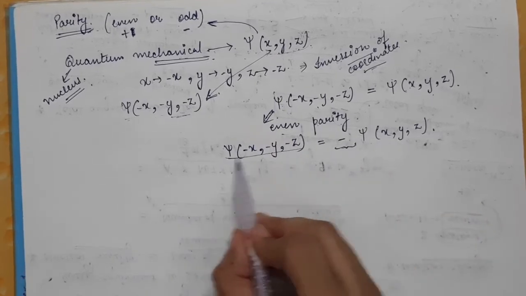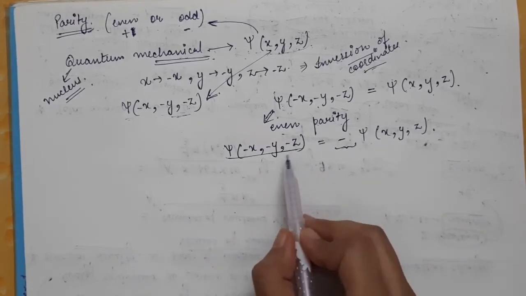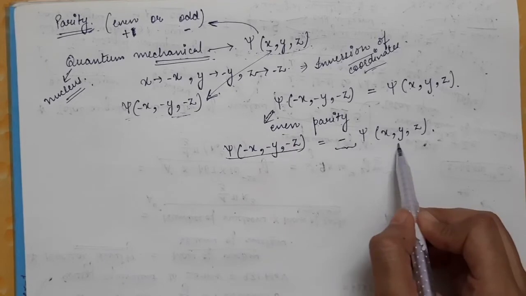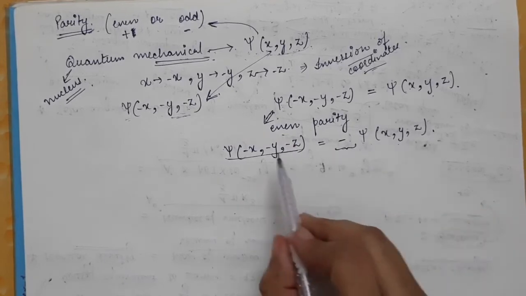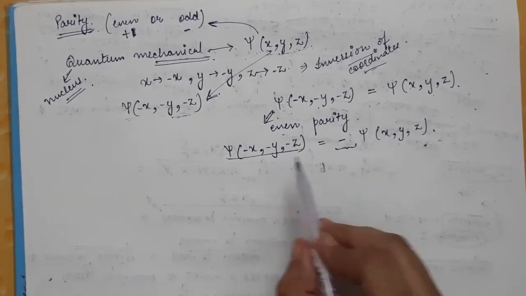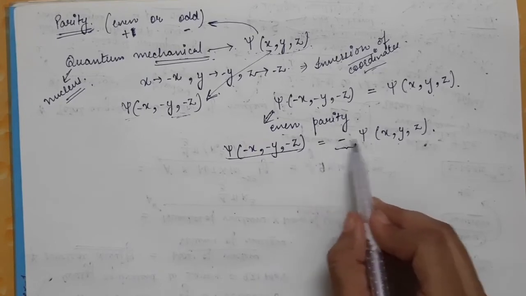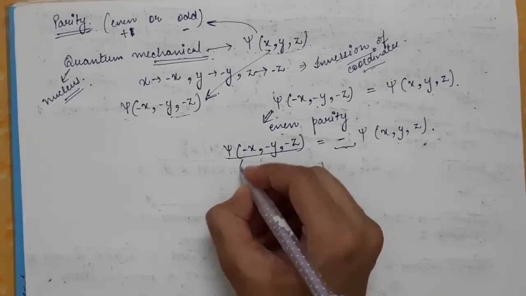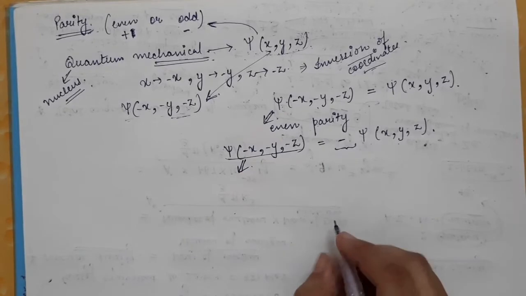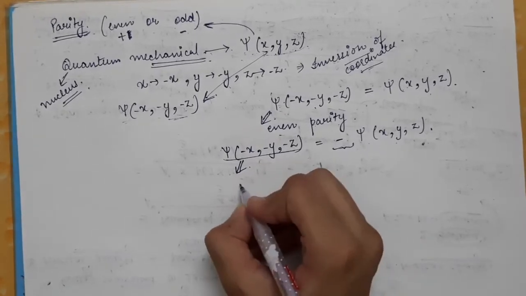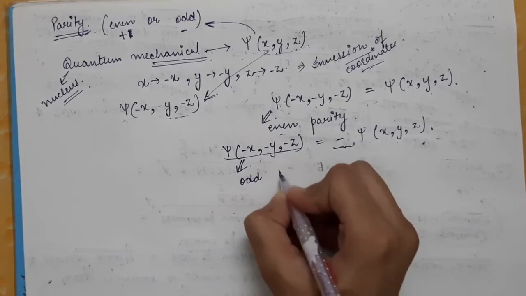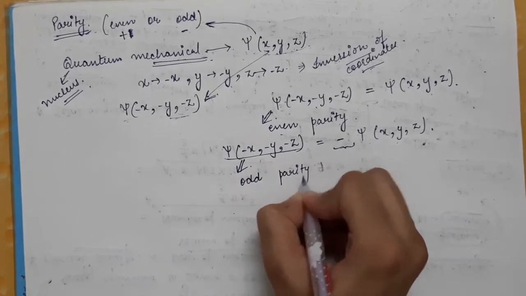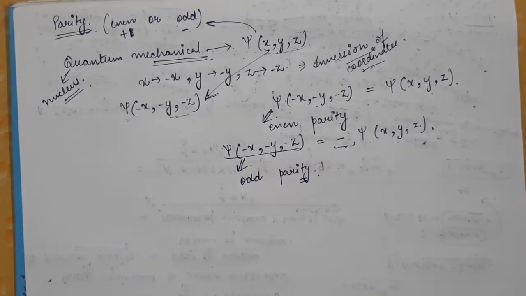So if the wave function upon inversion of coordinates is not the same as the actual wave function, but the relation is given by this formula, that is, it is equal to minus of the actual wave function, then the nucleus with such a wave function is said to have odd parity.